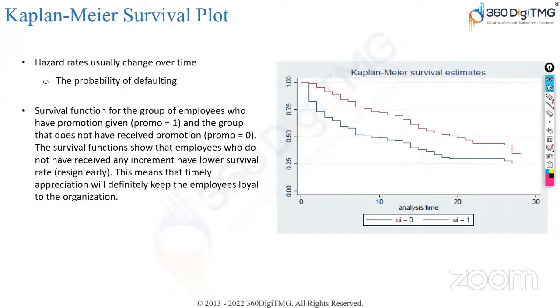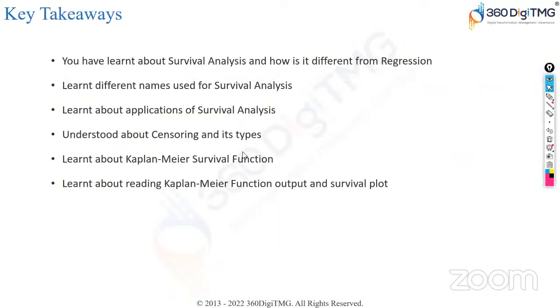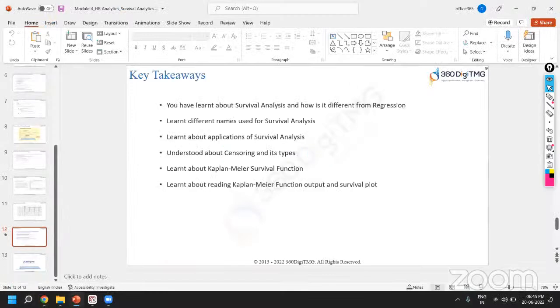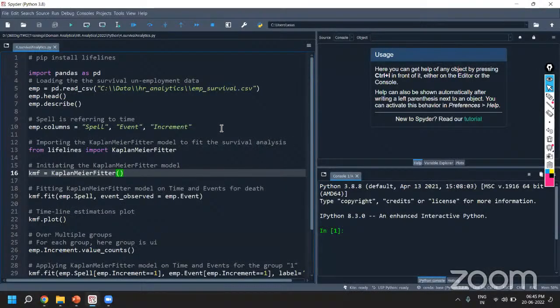People who did not receive the increments immediately try to jump to different companies. All right, so that is the Kaplan-Meier survival plot. And we are going to try and do this on our data. And yeah, let's try and do this here on Spyder.